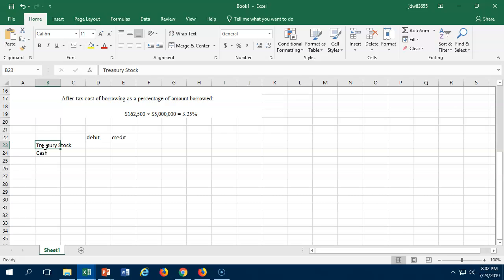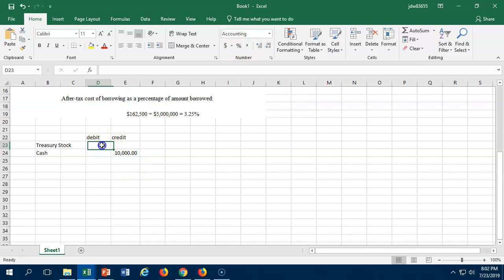And then what section? Equity. Correct. So if you bought $100,000 worth of stock back, you'd credit cash, and then you would debit treasury stock $100,000.